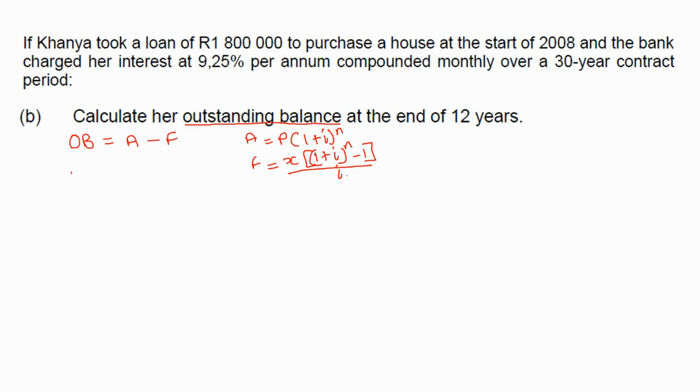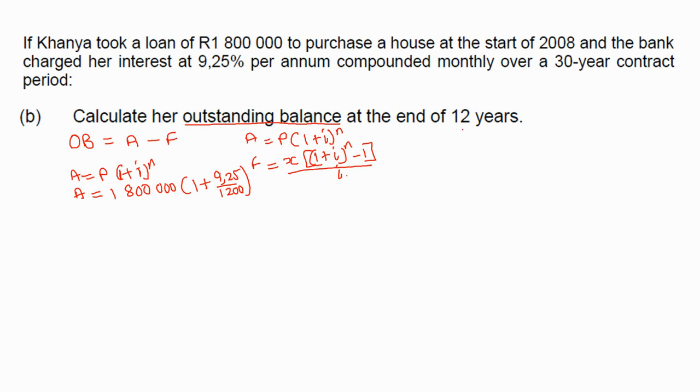So we're saying A is equal to P times (1 plus i) to the power n. So A here is going to be 1,800,000 times (1 plus 9.25 over 1,200). We talked about this in the previous video, how we get our 9.25 over 1,200.